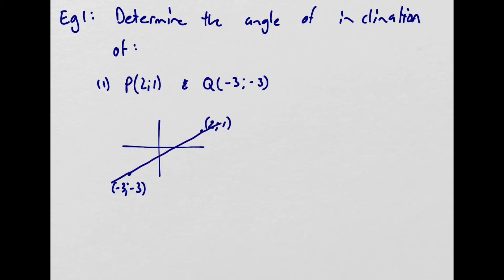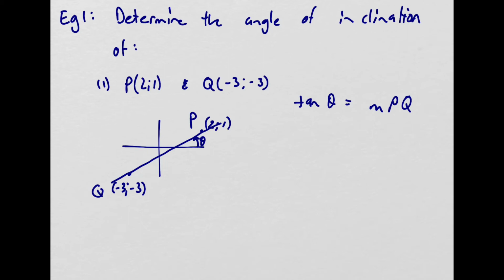Because they've asked for the angle of inclination, that means it's the angle from the x-axis to the line, and we generally call that theta. So tan of theta, and remember this is point Q, and that's point P, so tan of theta equals the gradient of PQ.